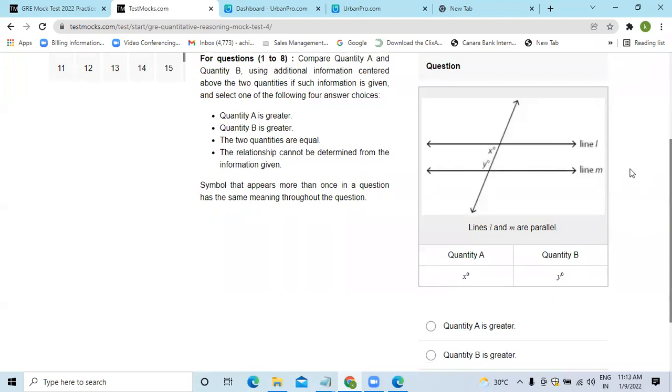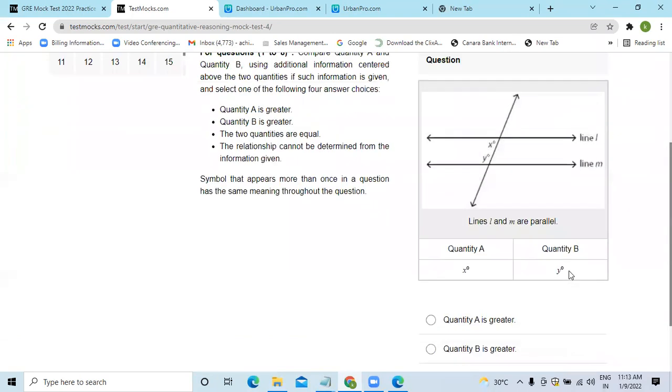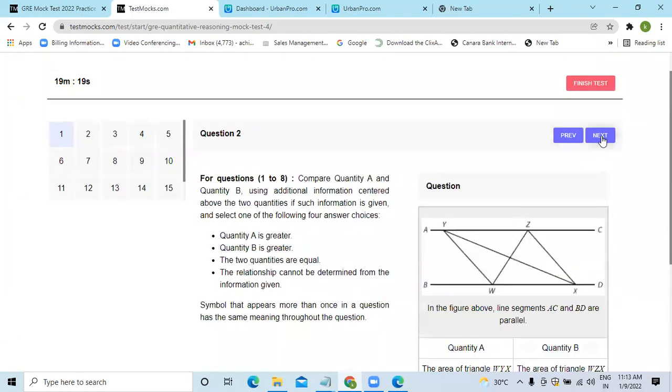Yeah, parallel lines. So the relationship cannot be determined because they're parallel, but the equal is 180.